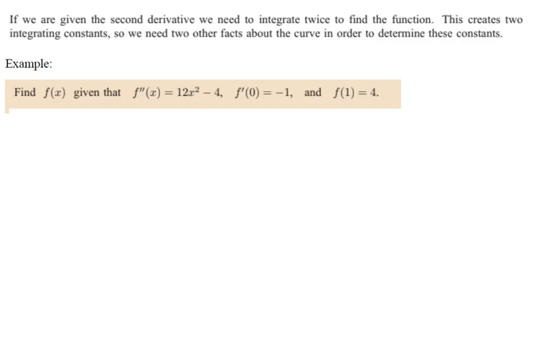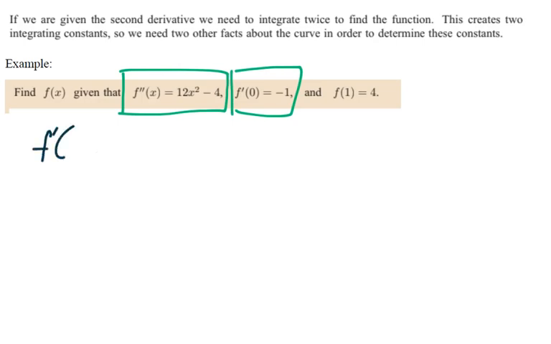So now let's take a look at this question. Where can we start first? Definitely from the second derivative and also this information. From the second derivative, to get f'(x), we need to integrate 12x^2 - 4 dx.